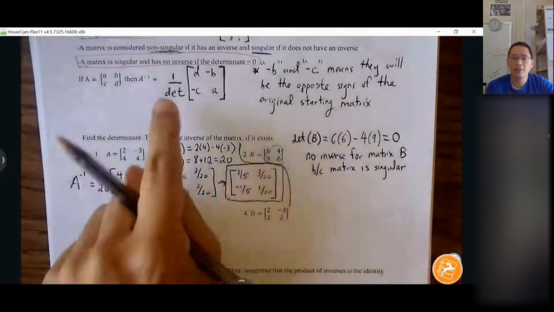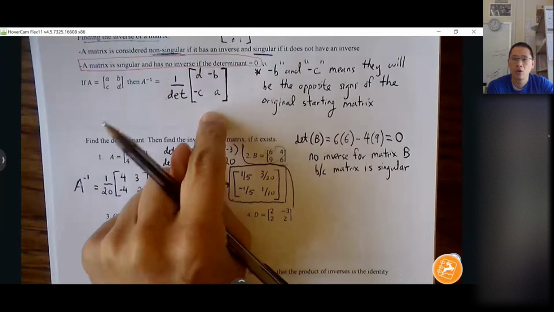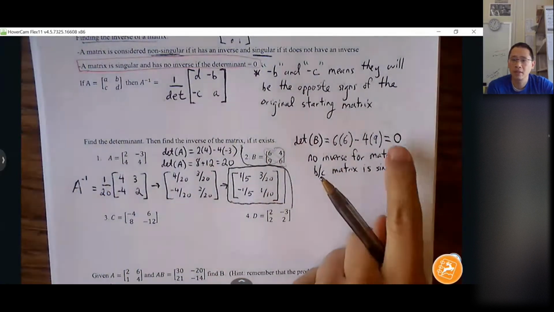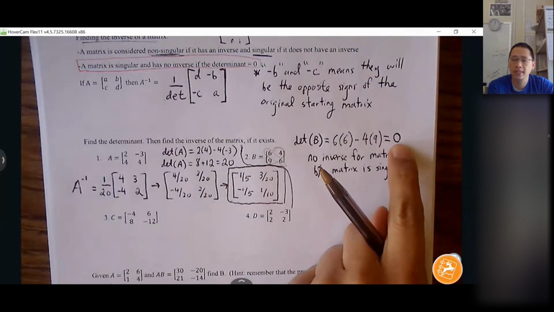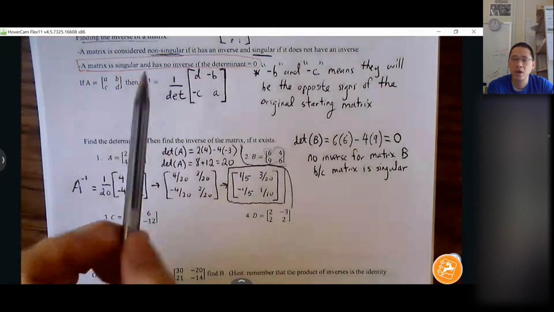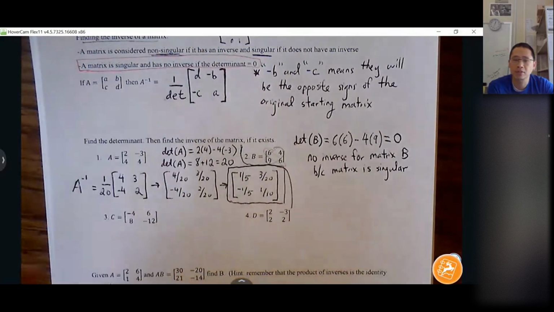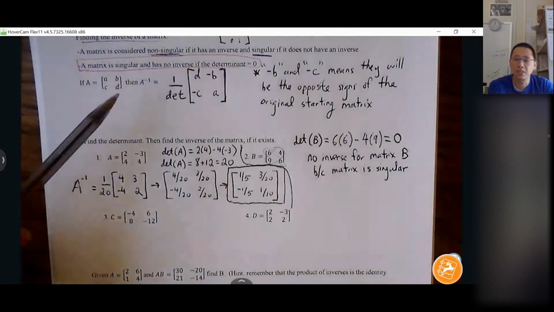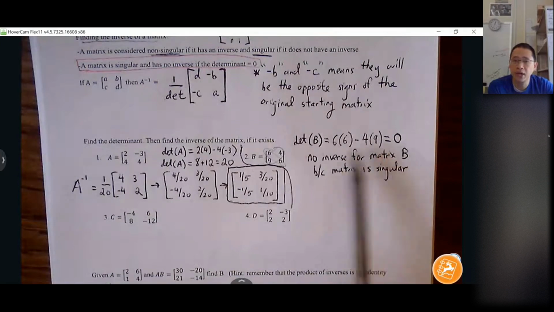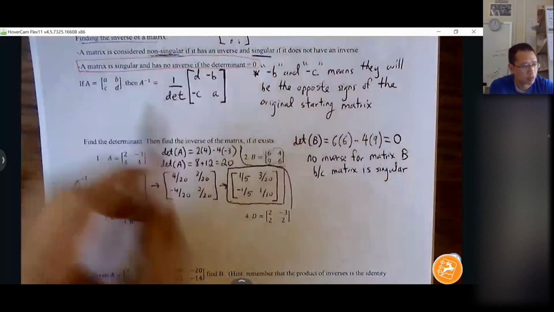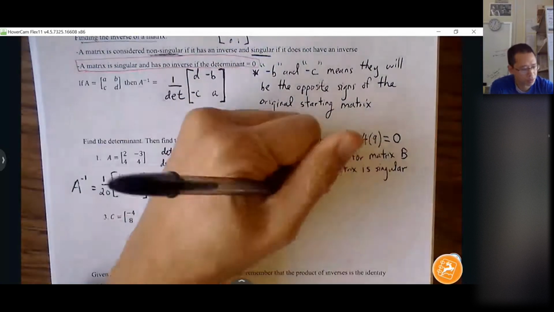Now, look at the formula for inverse. Can you guys come to a reasoning why there is no inverse? Why is that 0 not going to work with the formula that we have in front of us? You can't divide by 0. Can't divide by 0. If we tried to do an inverse procedure, we're going to run into an issue, right? Because the formula says 1 over 0.